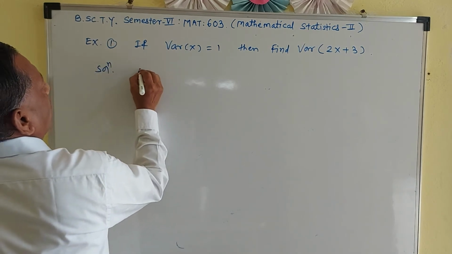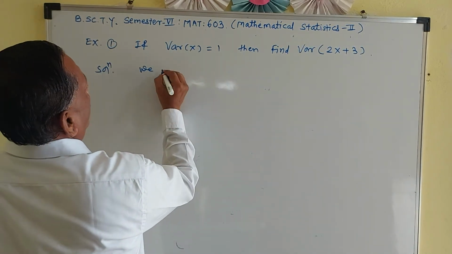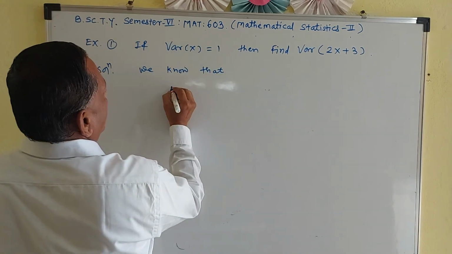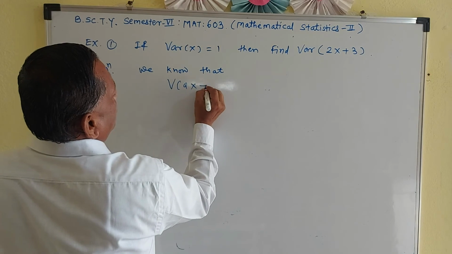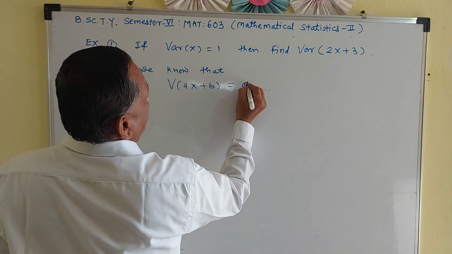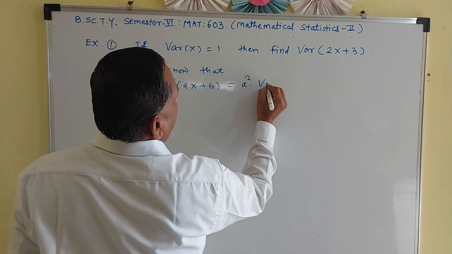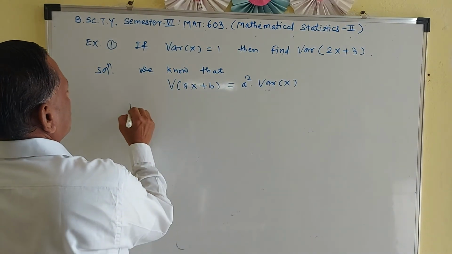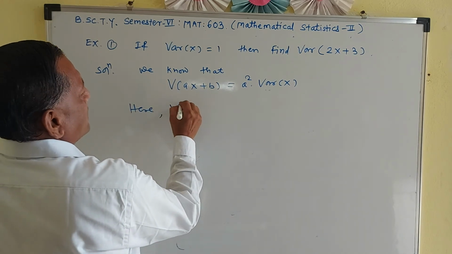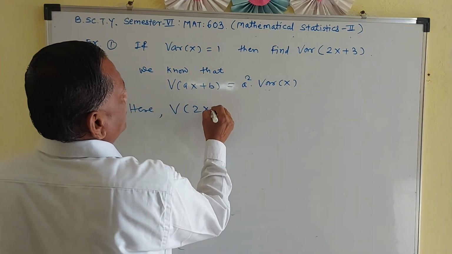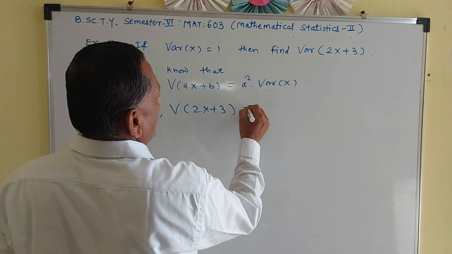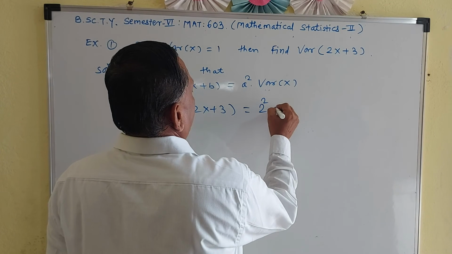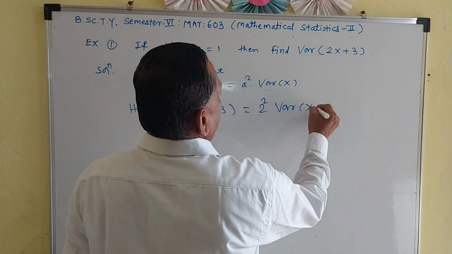Solution. So you know the previous result. We know that variance of ax plus b is equal to a square into variance of x. Now here variance of 2x plus 3 is equal to, using this, a means here 2 square into variance of x.